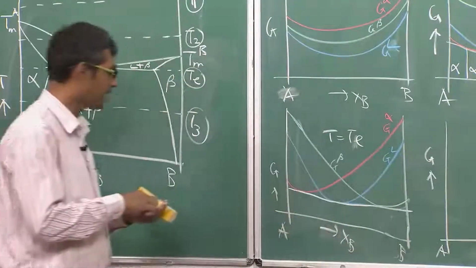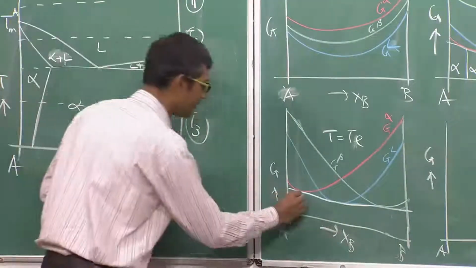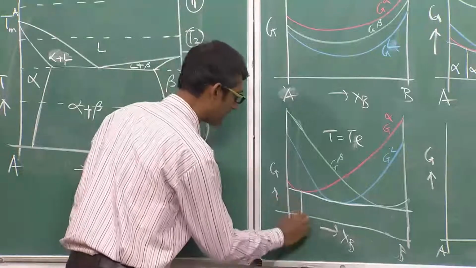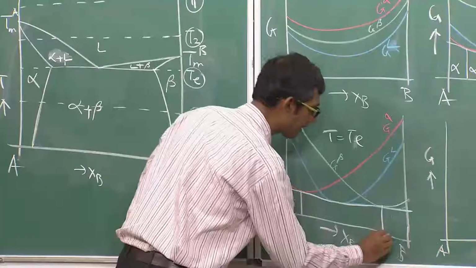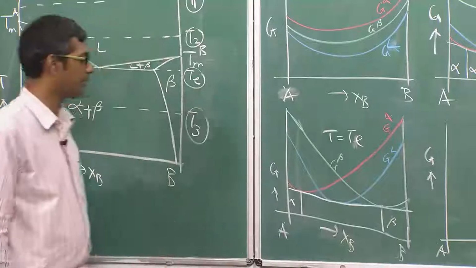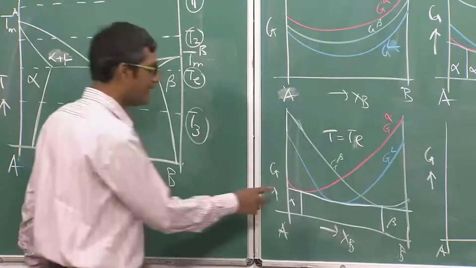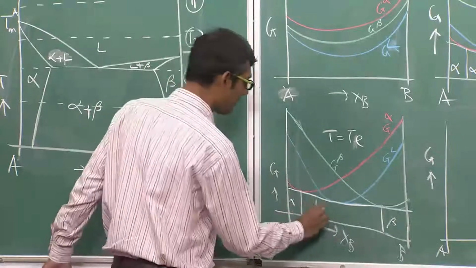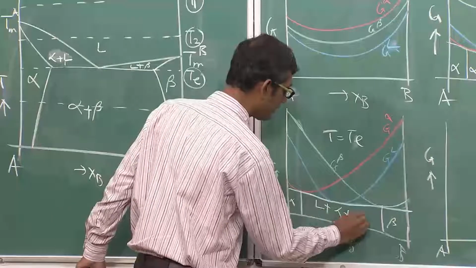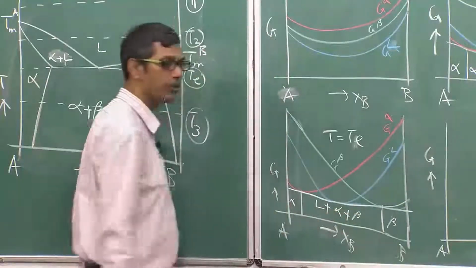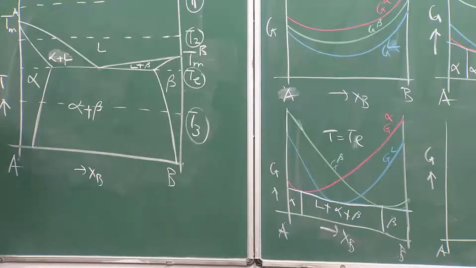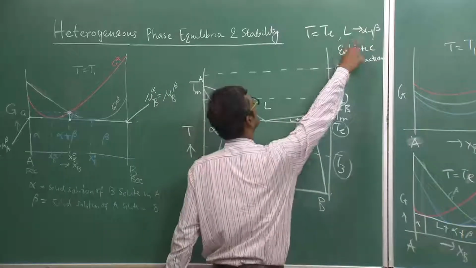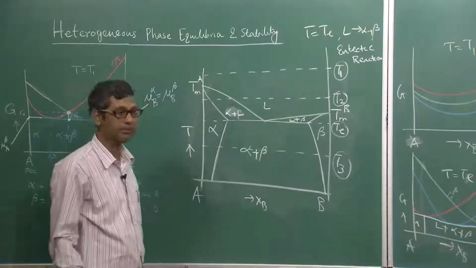That tells me that alpha is stable here, beta is stable there, and these alpha and beta are at the lower positions. In between, liquid plus alpha plus beta are stable because there is a common tangent to the three curves. That is obvious. At the eutectic temperature, these three phases must be stable.